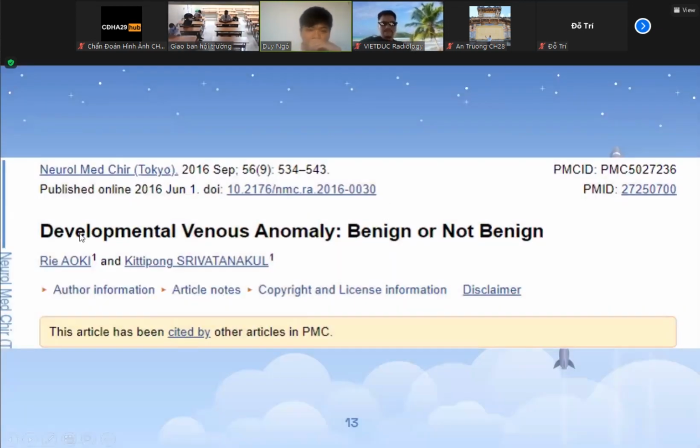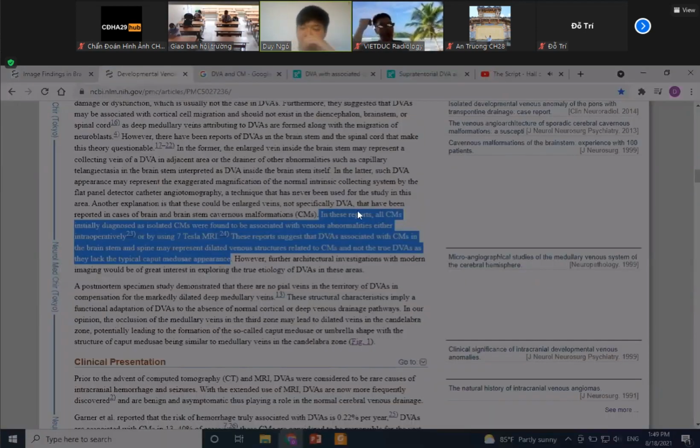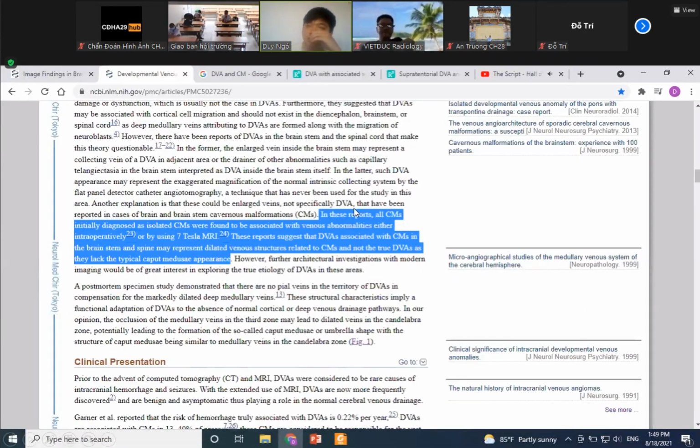Okay, a report about the development of venous anomaly, benign or not benign, published in 2016, said that maybe the number of about 30% association between cavernous malformation and DVA is not true. Maybe it's not true, because in the report, cavernous malformations initially diagnosed as isolated were found to be associated with venous anomaly, either intraoperatively or by using 7 Tesla MRI.